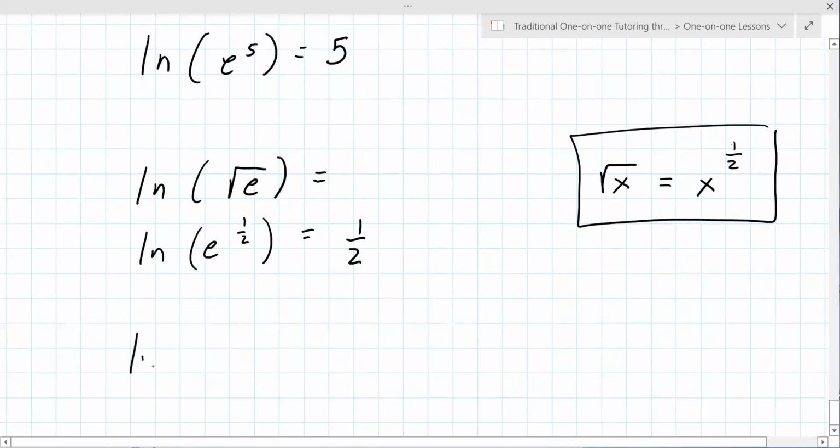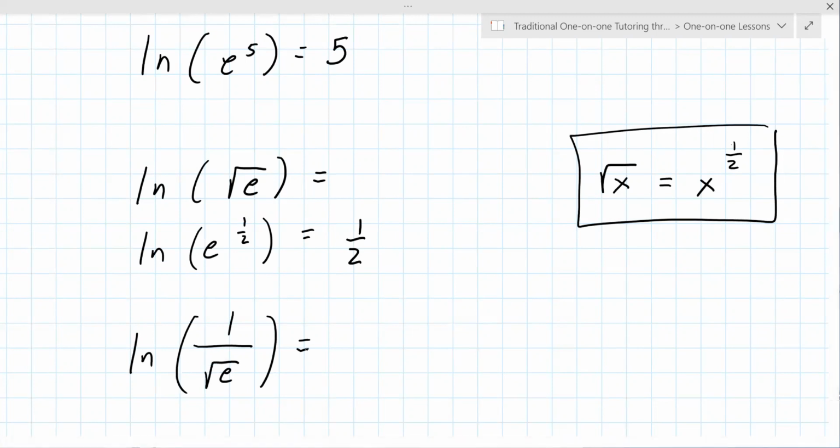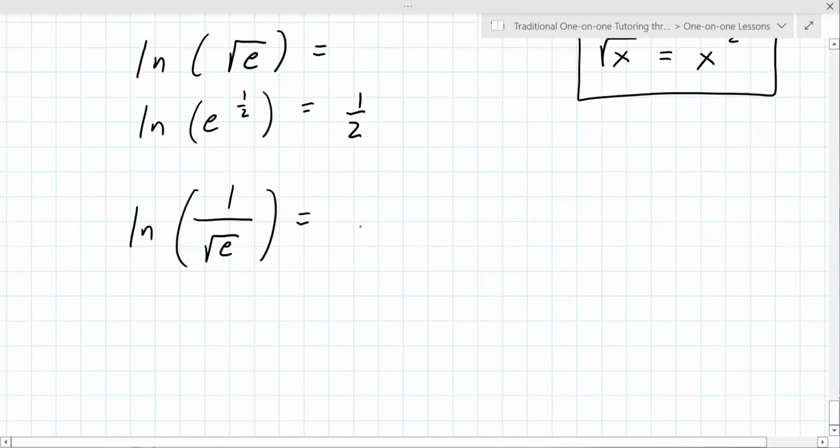So this on the right is maybe an example of something you want to remember. Let's say it's natural log of 1 over the square root of e. Can you tell me what that would equal? You're just using the previous stuff that we've been using here.